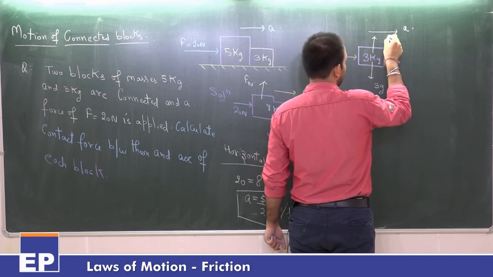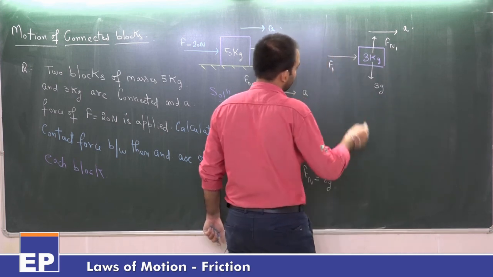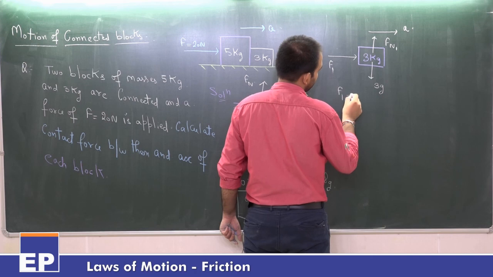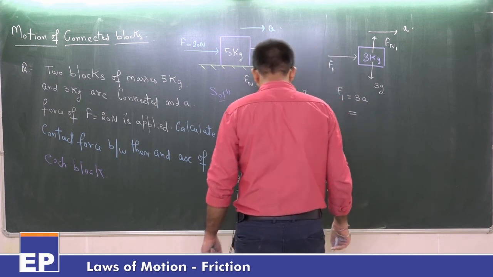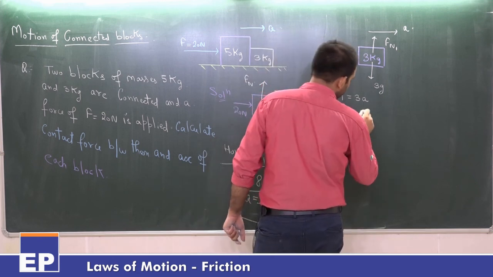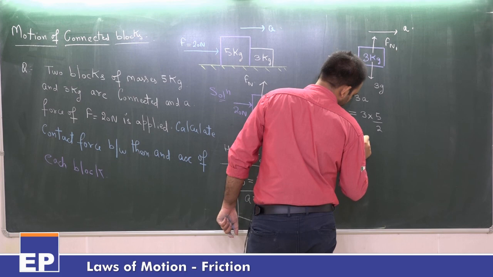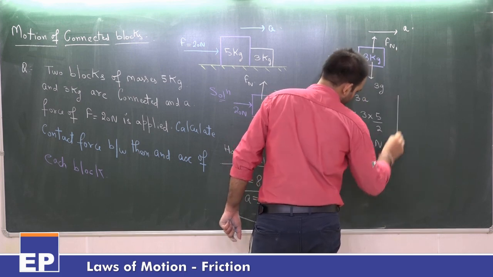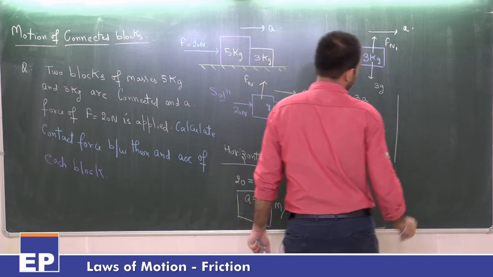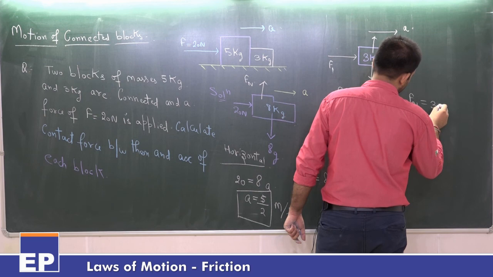Normal reaction is upward, that is Fn1. So from the horizontal you can write F1 is equal to 3 into A. What is the value of A? 5 by 2. That is 15 by 2 Newton. And if we look at the vertical, we can write directly Fn1 is equal to 30.